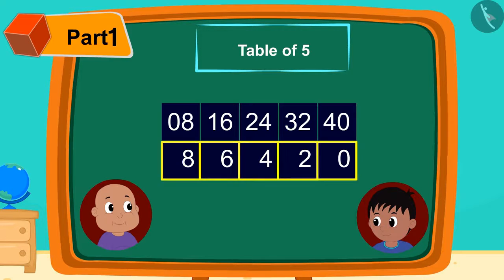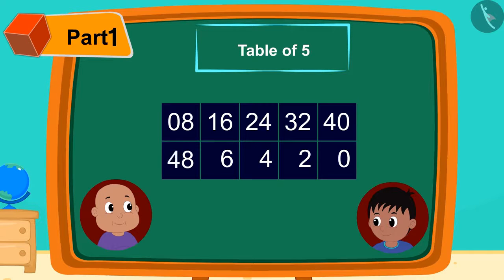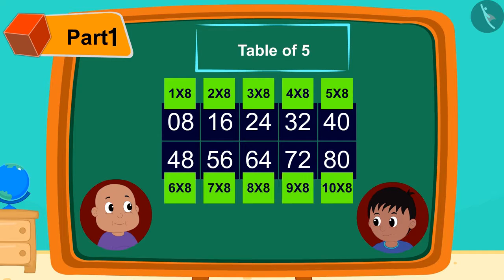Then in front of the digits written in the second line, he wrote 4, 5, 6, 7, 8 in this way. And the table of 8 was ready.